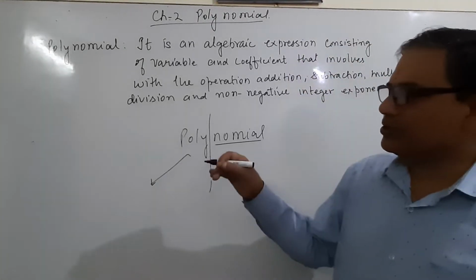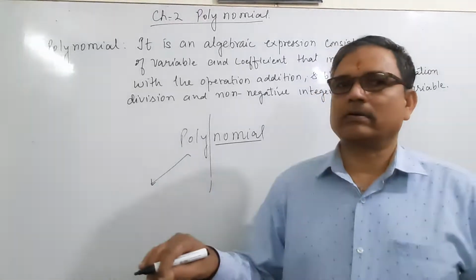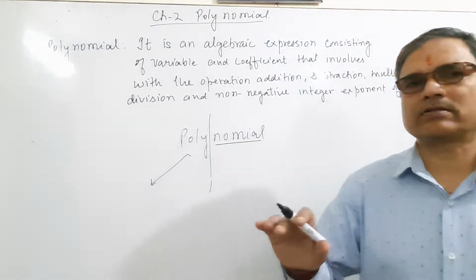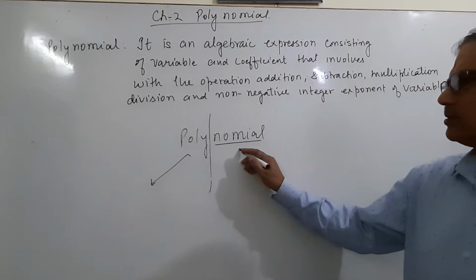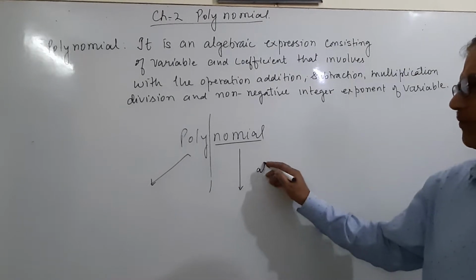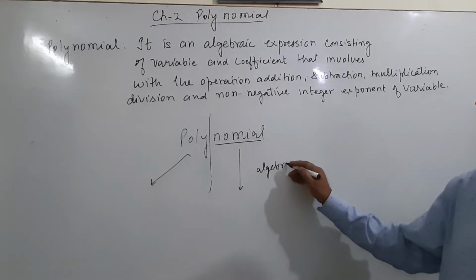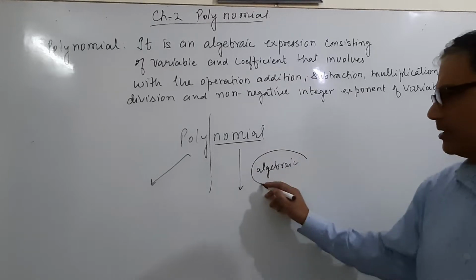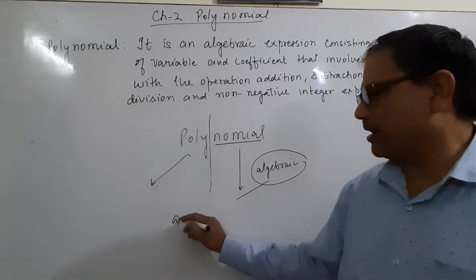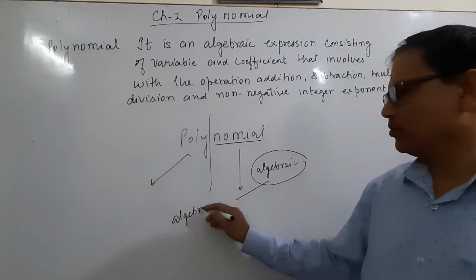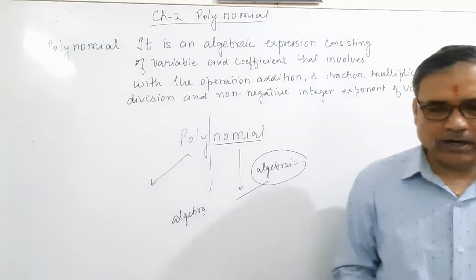It means many terms. Can those terms be expressed? Yes, they can be expressed in algebraic form. Algebraic is the word which comes from algebra. I think you know the meaning of algebra. You know algebra very well.